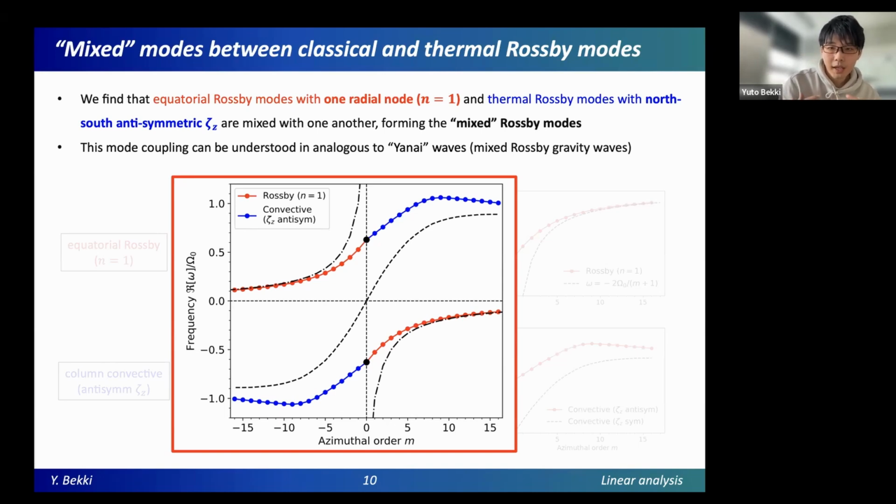This kind of mode mixing can be understood in analogy to the so-called Yanai waves. Yanai waves are the mixed modes between retrograde propagating Rossby and prograde propagating Kelvin modes. But here, what is shown is a mixed mode between retrograde propagating equatorial Rossby and prograde propagating thermal Rossby. So it's a newly discovered mode.